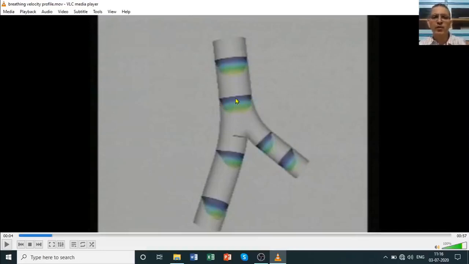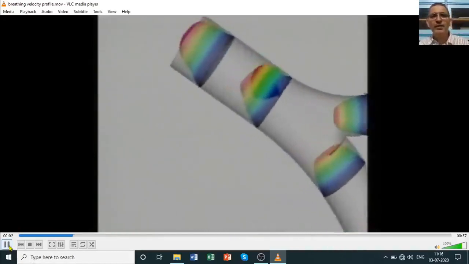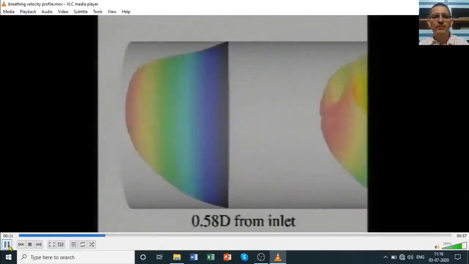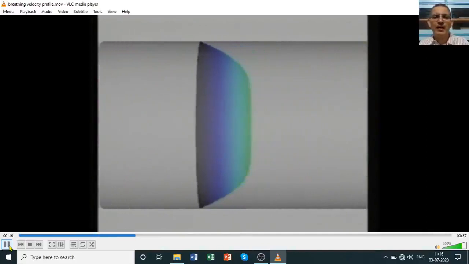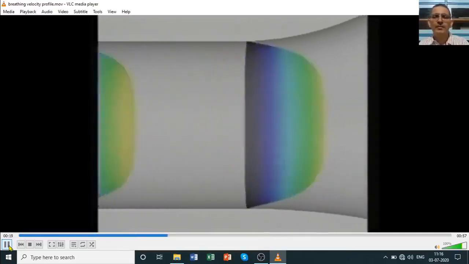So blue region is a low velocity region, red region is the high velocity region. And you will see when we breathe in and breathe out, how these velocities change. So we are breathing out now, and we are breathing in and out, right? And in and out, breathing in and breathing out.